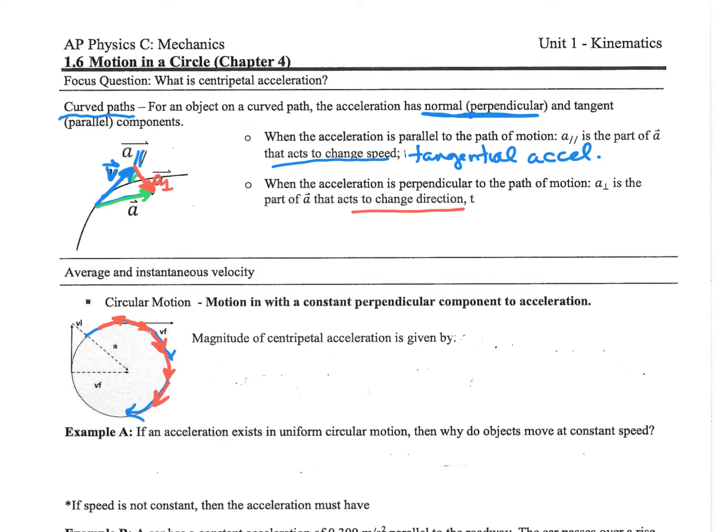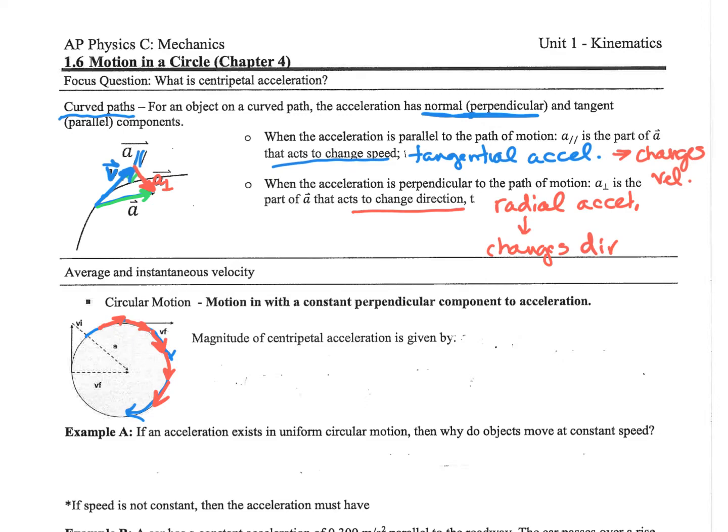Even if it's going at a constant speed, velocity is still a vector. It does, in a circular case, still have acceleration. So this is what we call our radial acceleration. Radial is the one that changes direction, and tangential is the one that changes the speed. So keep those in mind as we do this.